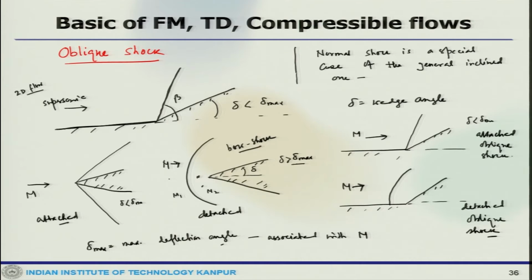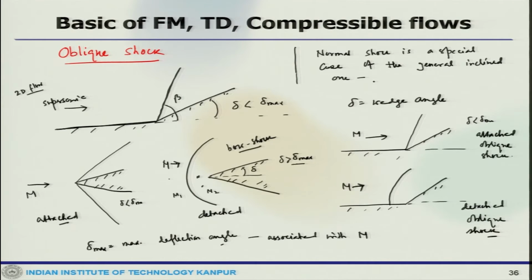Now, there are different kinds of oblique shocks which are preferred in engineering applications compared to a normal shock. We can associate this with the oblique shock relations as we go on discussing, but there is the fact that a combination of oblique shocks is more favorable for post shock conditions.